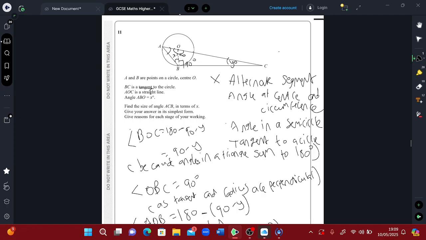So we've got this angle in terms of x, this in terms of y, but we don't know anything about this angle, except we do. We know because this is a big triangle here, this angle x, and this angle y.